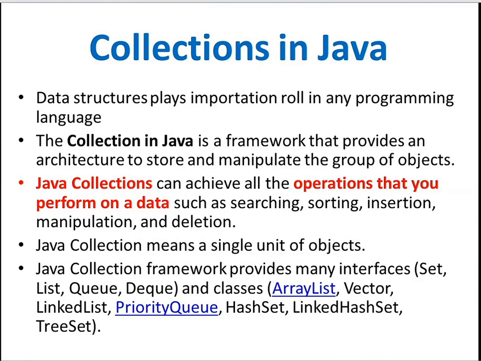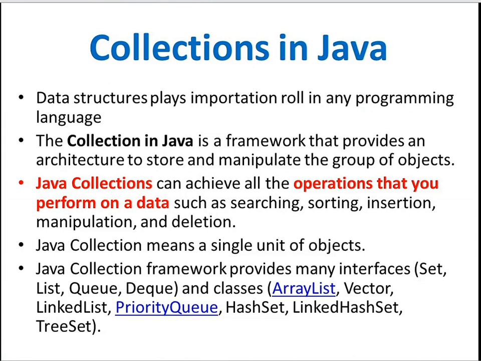The collection in Java is a framework that provides an architecture to store and manipulate a group of objects. Java collection can achieve all the operations that you perform on data, such as searching, sorting, inserting, deletion, manipulation, or anything. Java collection means a single unit of objects.